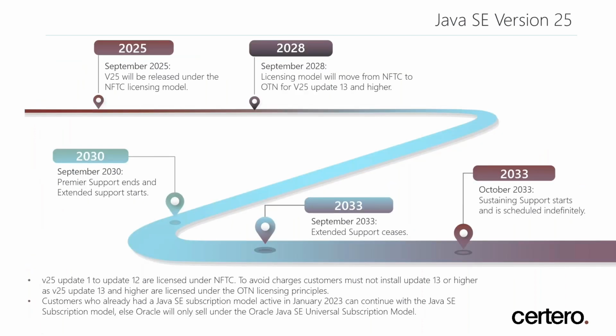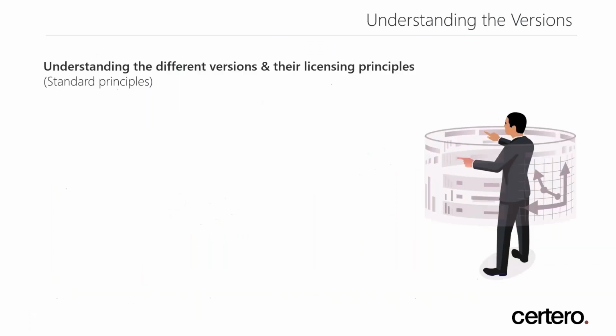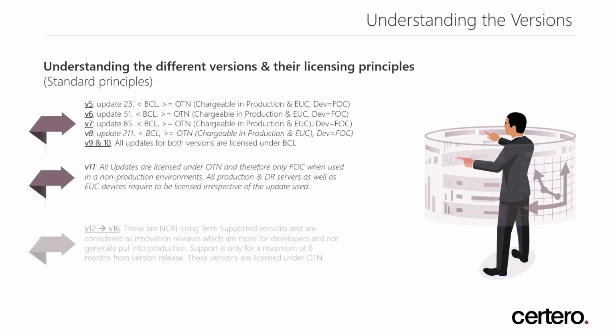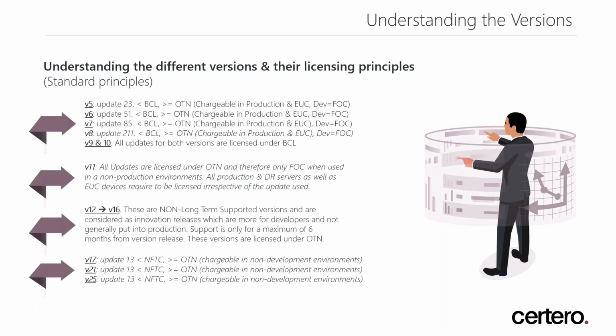Just to highlight what will happen with 25, exactly the same principle with some of the dates, and this is just replicated accordingly. So understanding the versions, depending on what you're on, okay, I'll just bring these up. Predominantly a lot of people are on version 8, so update 211 and higher, i.e. from April 2019, and you will have already had to be paying in production and end user compute as well.